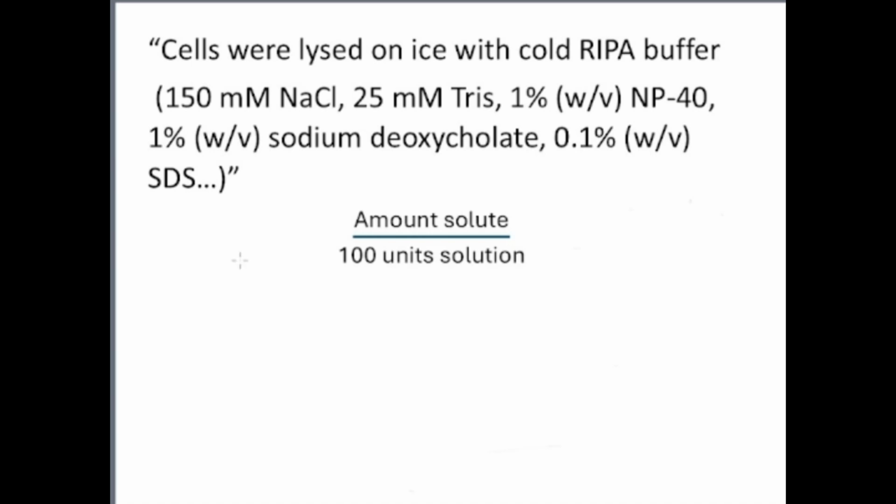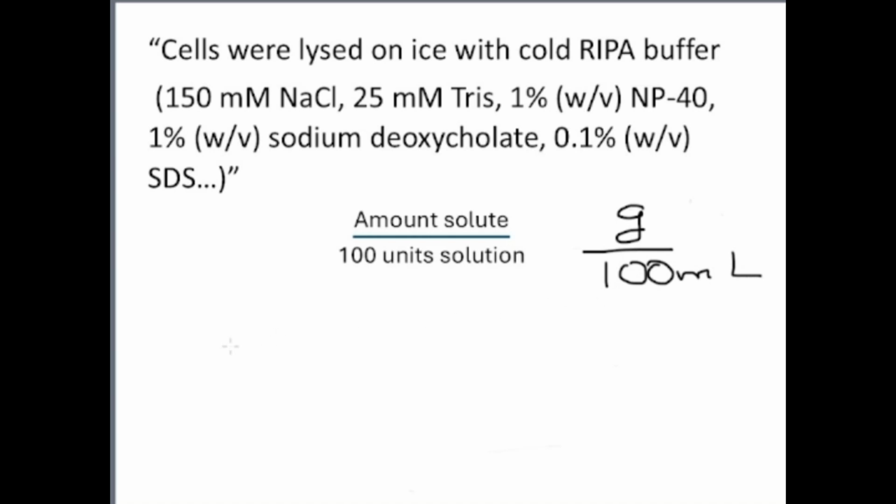Okay, now let's talk about solutions. When we talk about solutions, what a percent solution means is the amount of solute per 100 units of solution. The most common way that this would be used in biology would be where we have grams of solute, so the amount would be grams, 100 units would be per 100, and the units here would be mils.